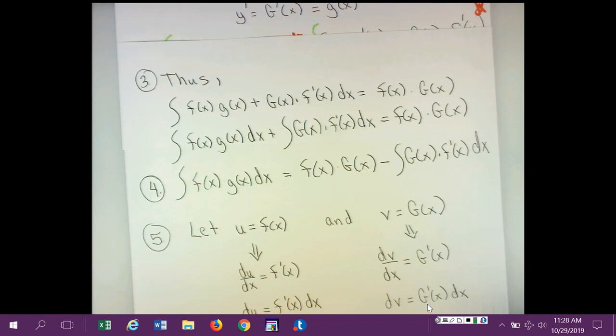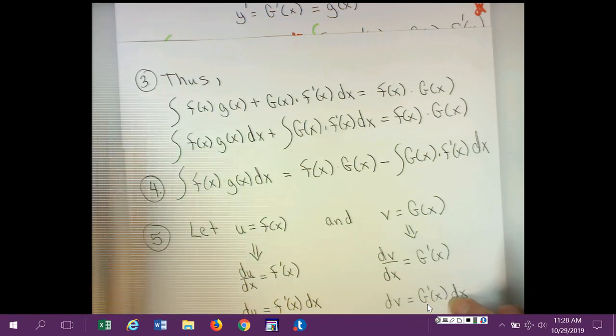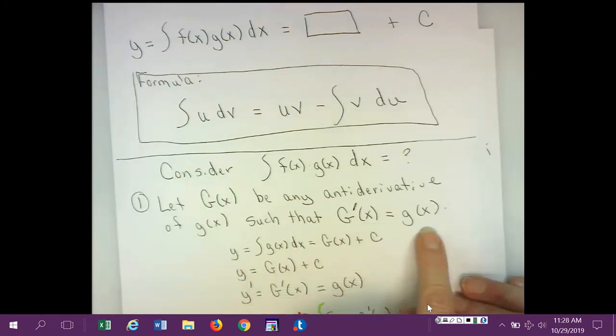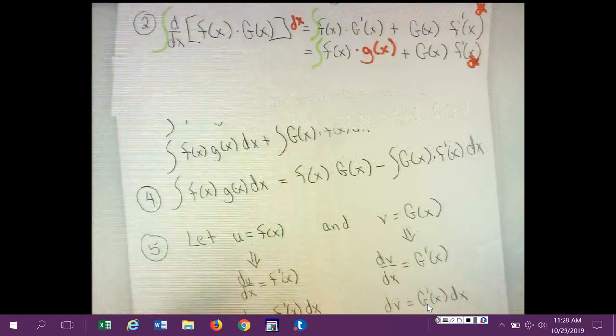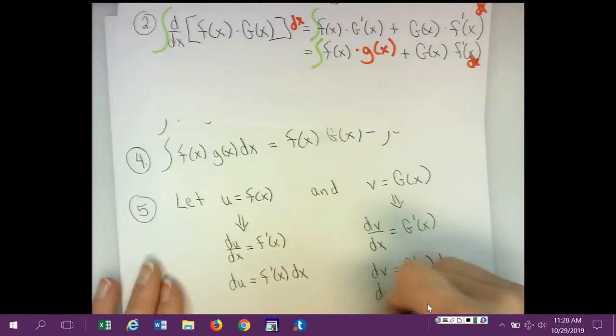And capital G prime of x, back at step number 1, was proven to be little g. So I'm going to replace capital G prime of x with little g. And that means dv is equal to little g dx.